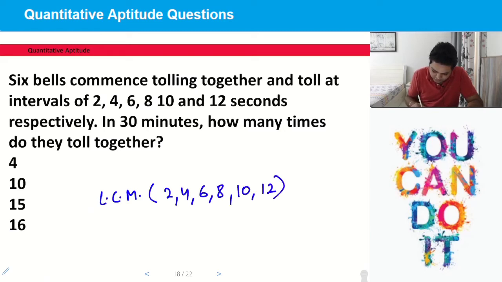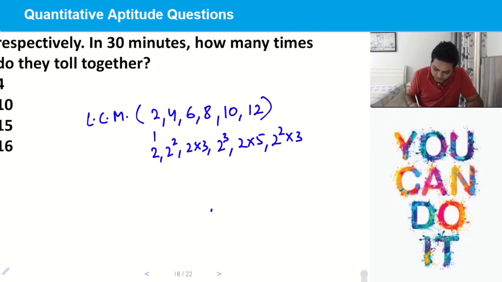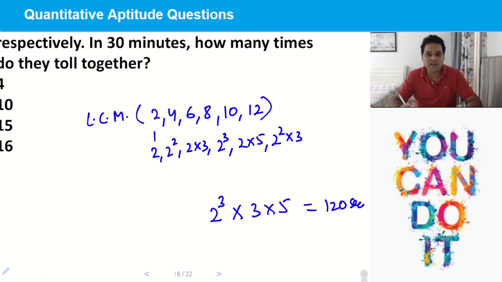So this is 2, this is 2 square, this is 2 into 3, this is 2 cube, 2 into 5 and 2 square into 3. So LCM will be highest powers, that is 2 cube into 3 into 5, that is 120 seconds. So after every 120 seconds they all will sound together.